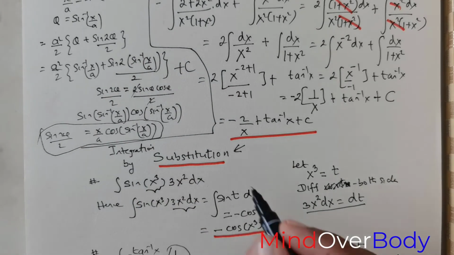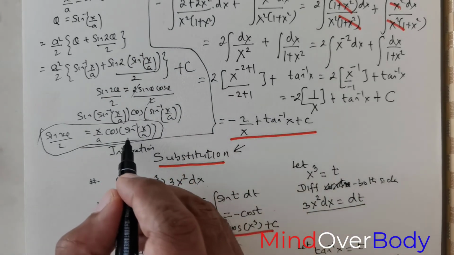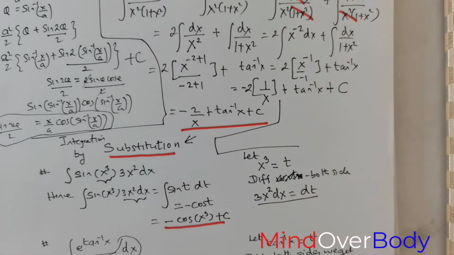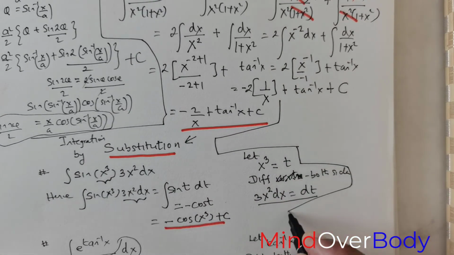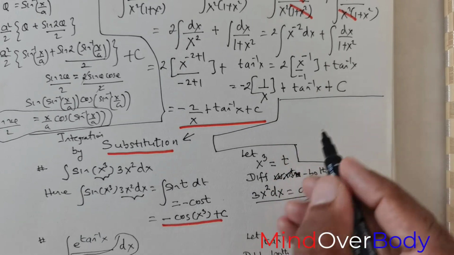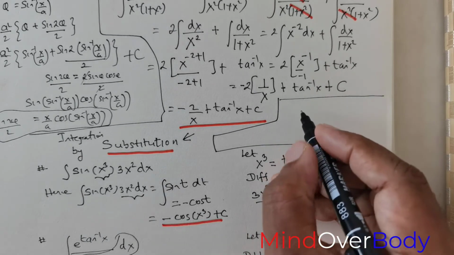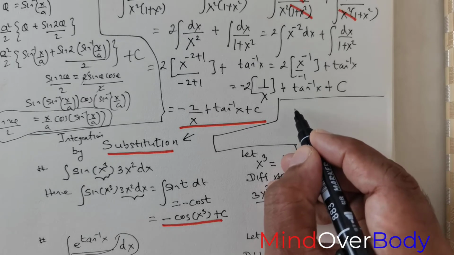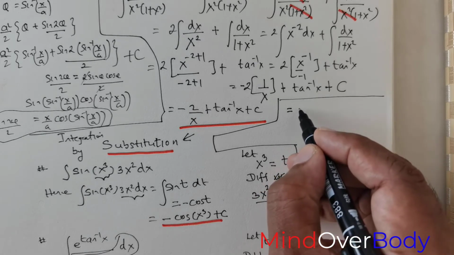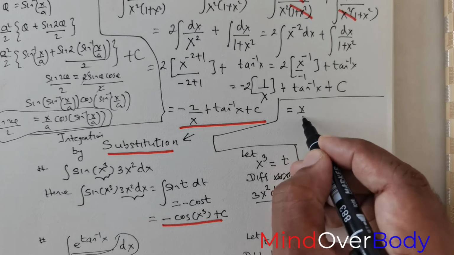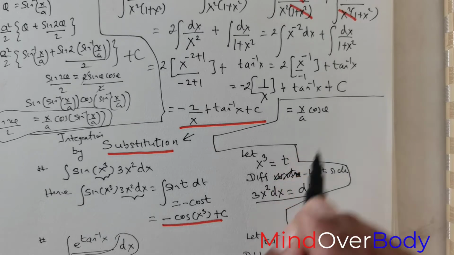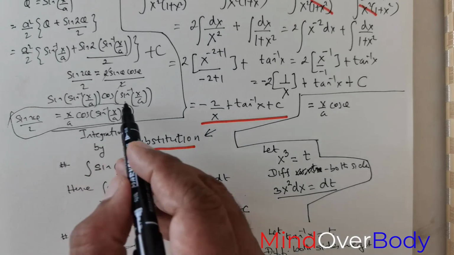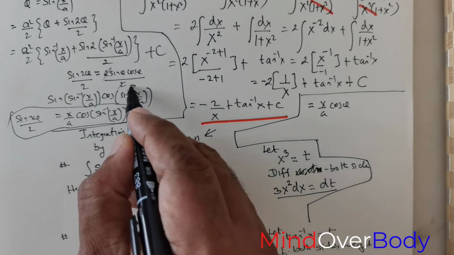I want to show you one more alternative. Still, if you are not happy with this, I would like to use this space here. Now we have this cos theta. We have actually obtained x over a times cos theta. I'm not going to substitute this, I'm just going to retain it as theta.